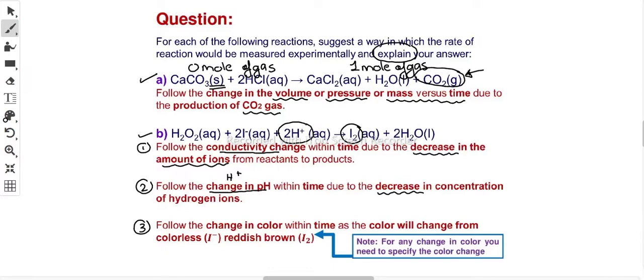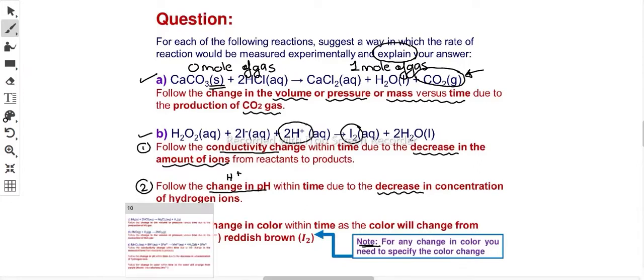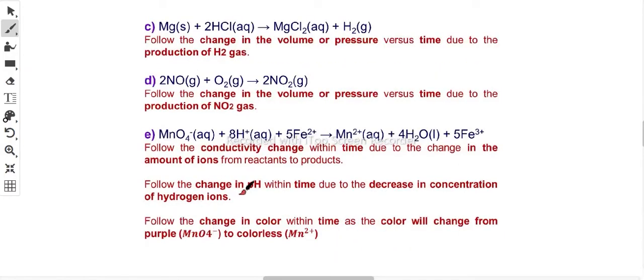Remember again, as a small note, for any change in color, it is better to specify the color change when you want to outline or to explain, giving a reason. Many of the past paper questions may ask you to give a suitable experimental method without writing the explanation or without outlining. So be careful in reading the questions carefully.